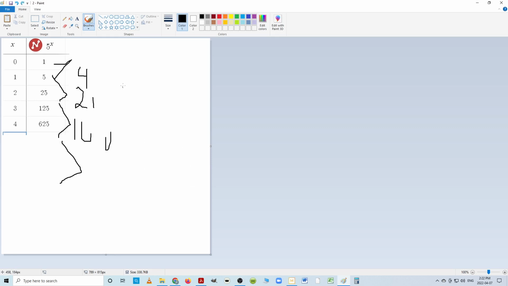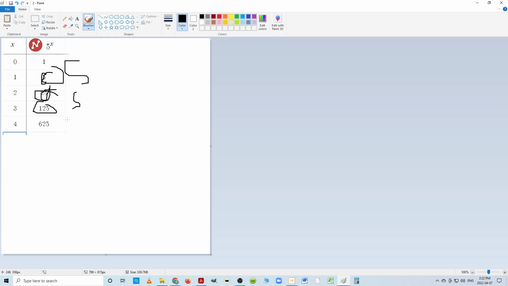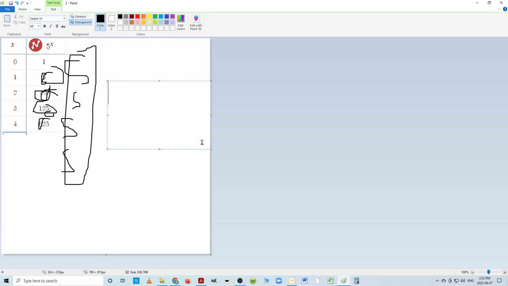And that's a hint that you should instead take this number and divide it by the previous number, just to see. So I take 5 and divide it by 1, that's 5. I take 25 and divide it by 5, that's 5. I take 125 and divide it by 25, that's 5. 625 divided by 125, 5. So when I take the division and I get the same number, it's immediately clear, especially since that number is above 1, that I'm dealing with an exponential function.